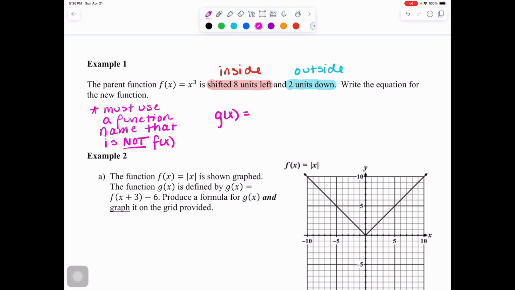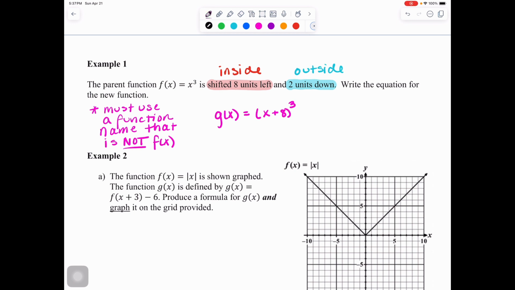So I know on the inside, I'm going to have an x, something, in parentheses, and cubed, because the original parent function was cubed. I went 8 units to the left. So that means I'm going to do the opposite sign of what my gut would tell me. Usually the left is negative, so we're going to make it positive. And since it's 8 units left, I'm going to do plus 8 on the inside.